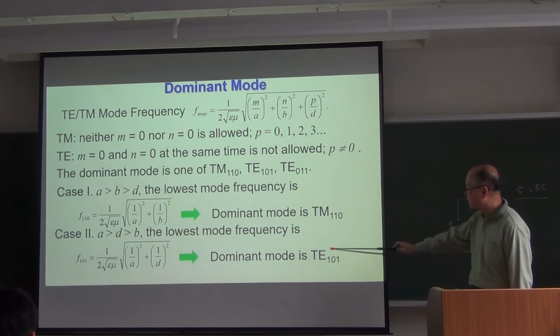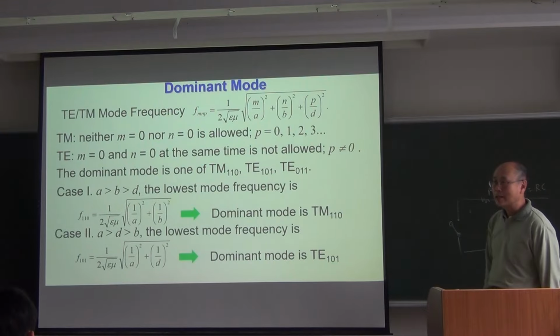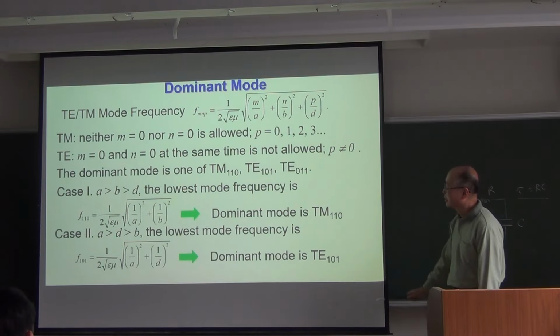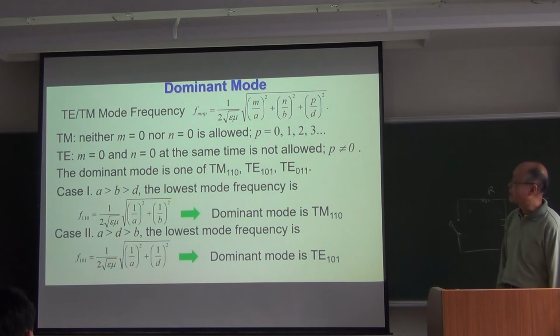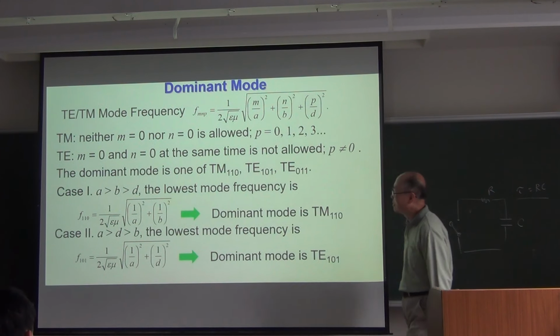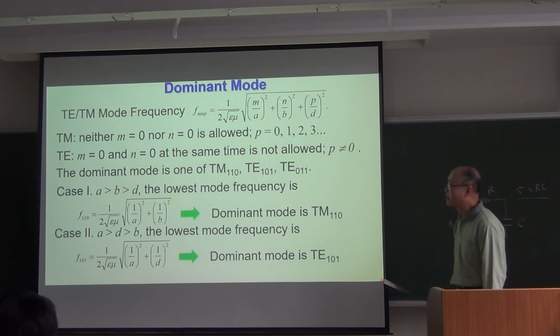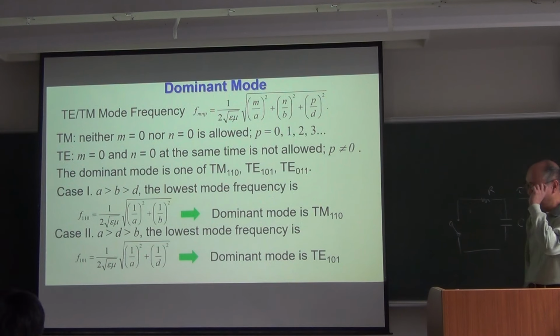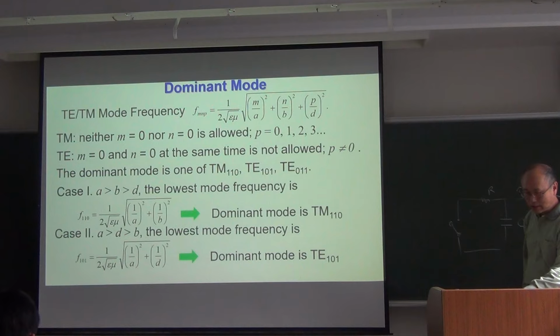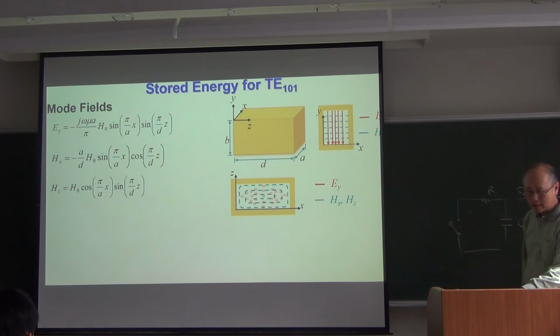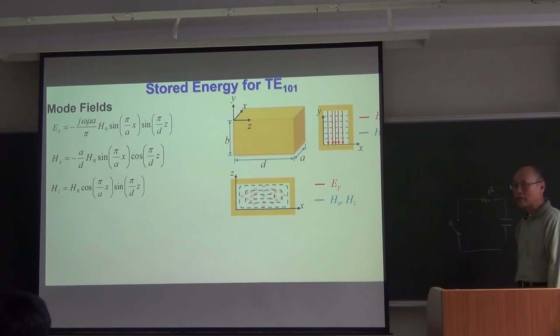Try to remove the smallest dimension from the indices, okay? So when you discuss the dominant mode, you need to know the values of a, b, d, so that you can choose the right mode to discuss. Alright, so this is a concept of comparing sizes.